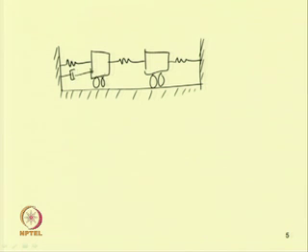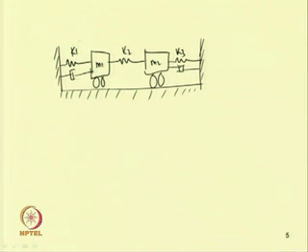So, let us put a simple system like this. In this case this is K1, this is M1, this is K2, M2 and K3.